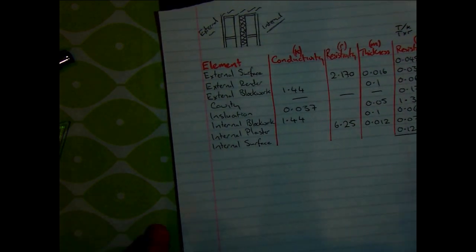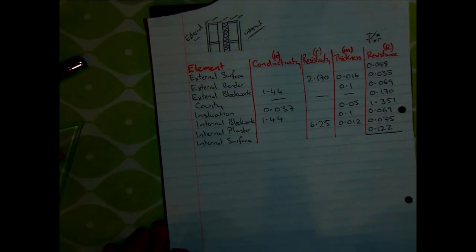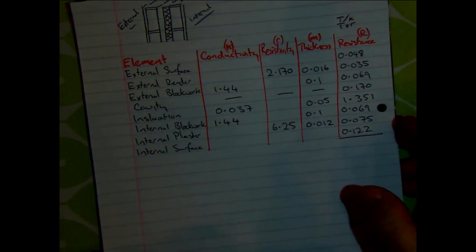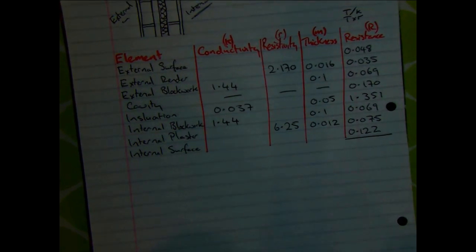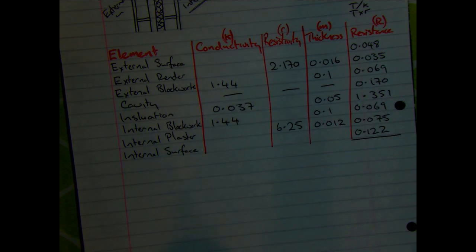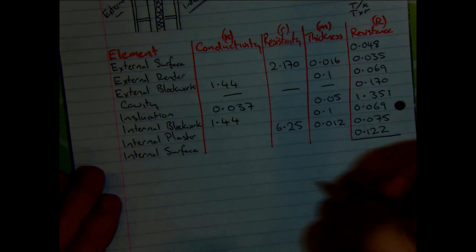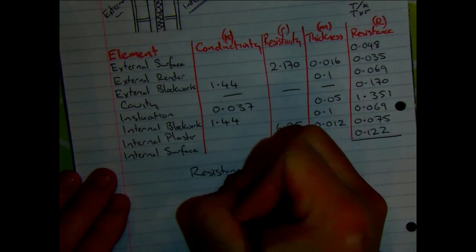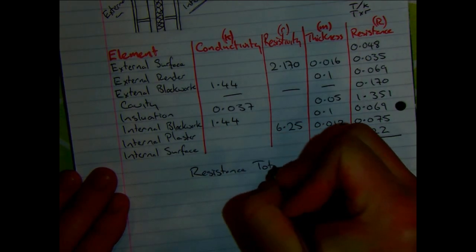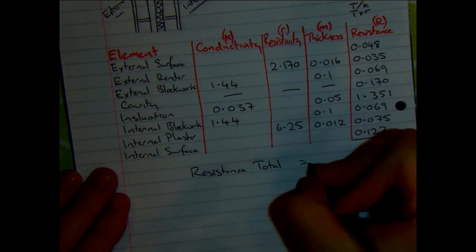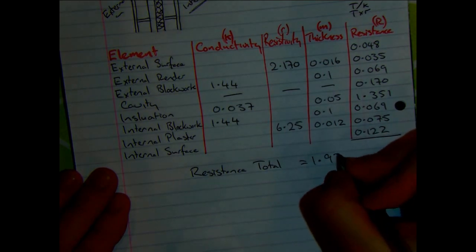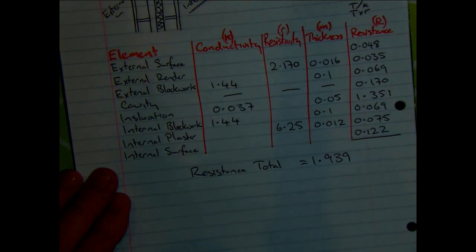Okay, so I'm just going to zoom in here as well. Sorry, I wasn't looking at the camera. So we're going to add all those values up to get our R total. Resistance total is equal to 1.939.